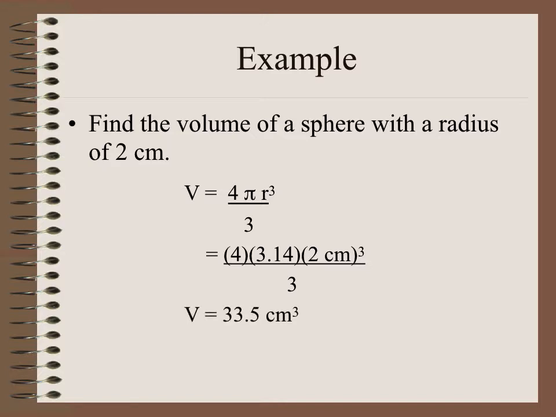Then we get an answer, 33.5 centimeters cubed. Notice that the cube is a notation telling us that we have 3 dimensions indicating volume. We don't cube the 33.5. And that is our final answer.